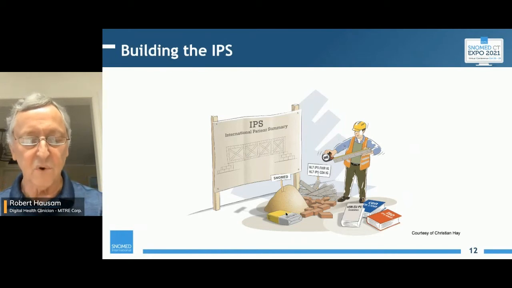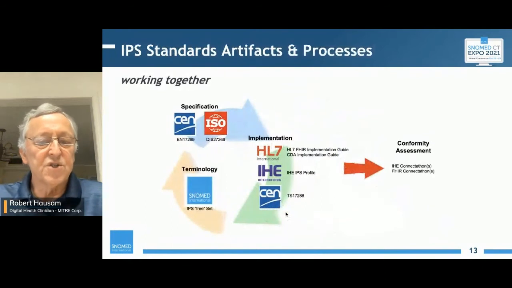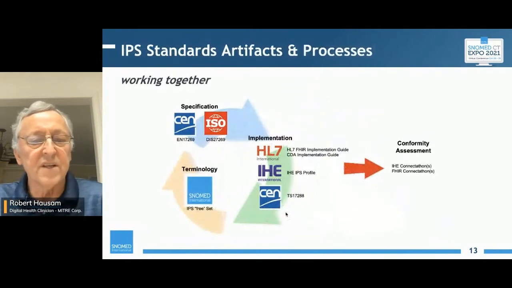I have one more to look at, which again shows a bit more of the flow of the standards, artifacts, and processes as we're working together to further develop and implement these specifications. We start with the data set standards from CEN and ISO, and then we implement those in the HL7 and IHE implementation guides and profiles.